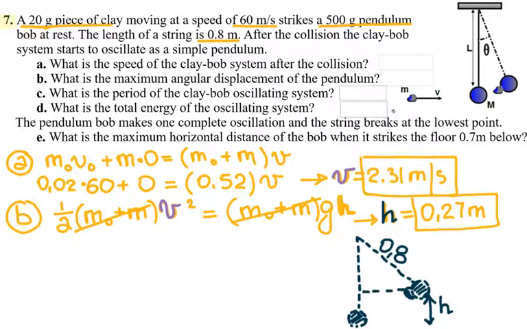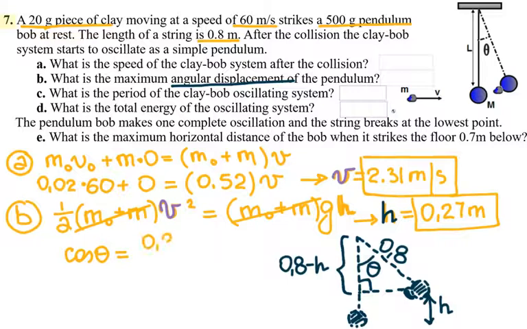If I look at this triangle, then this is a right angle. And this part is 0.8 minus h. So if I need to find the angular displacement, or this angle theta, I have adjacent and hypotenuse, so I can use cosine. So I'm going to say cosine of theta is equal to 0.8 minus h, the adjacent, which is 0.27, divided by the hypotenuse, which is 0.8.